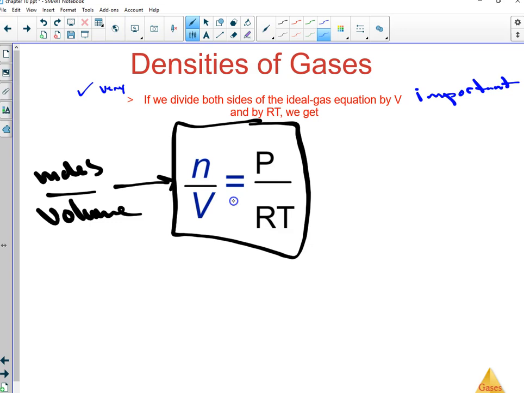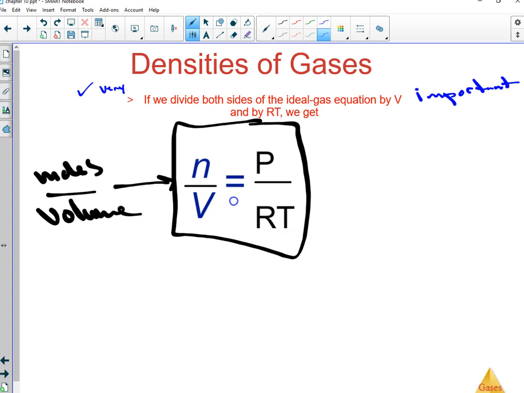If we divide both sides of the ideal gas equation by V and by RT, we can arrange it this way. So N over V is equal to P over RT. Now, there's nothing fancy here. We just rearranged it. Are you okay with that? All the parts are still there. We just algebratized it.